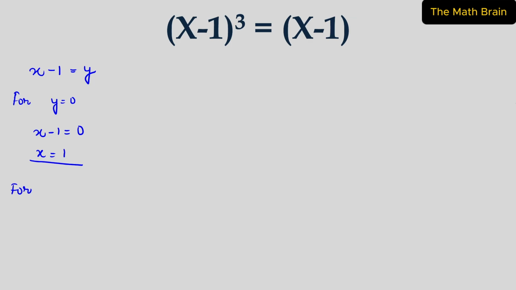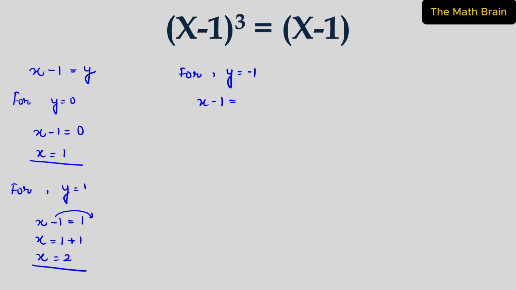For y is equal to 1, x minus 1 is equal to 1, taking this minus 1 to the right hand side, 1 plus 1, x is equal to 2. And for y is equal to minus 1, x will be, by taking minus 1 to the right hand side, minus 1 plus 1, x is equal to 0. So three values for this expression will be x is equal to 0, 1 and 2.